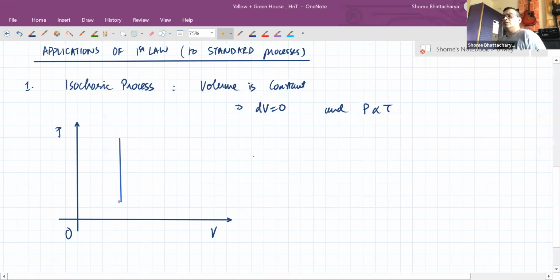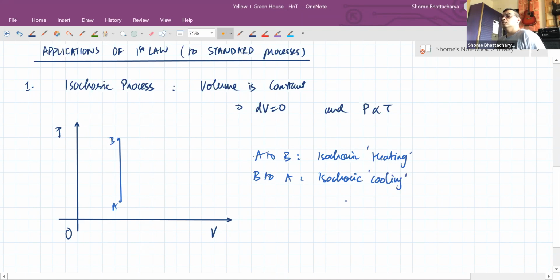So an isochoric process like this, for example, you can see that A to B is an isochoric heating process, whereas B to A is isochoric cooling. Yeah, I'm just going for a recap of that.